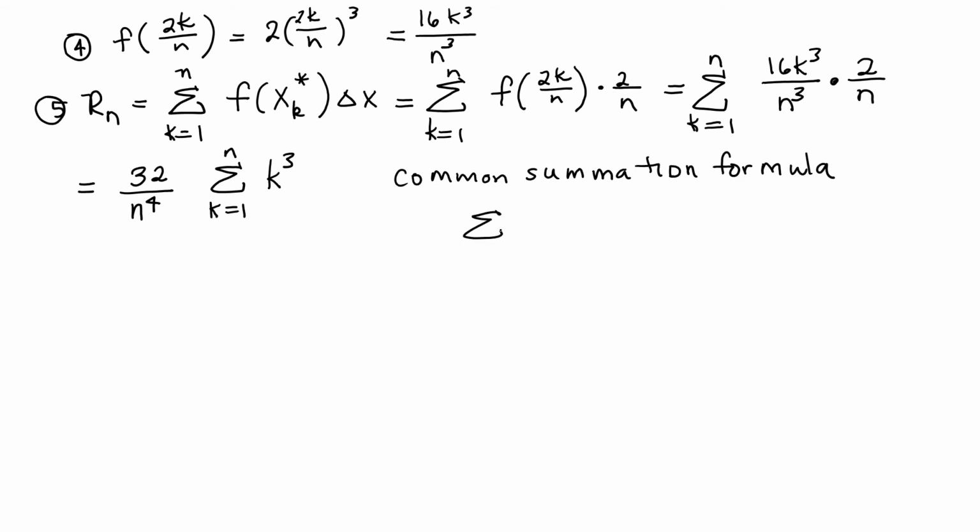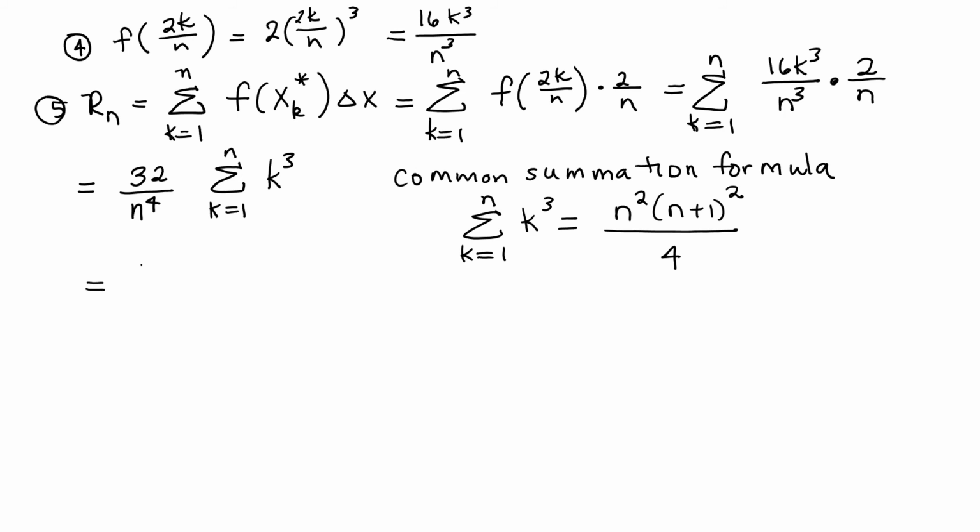The summation as k equals 1 to n of k cubed is n squared times n plus 1 squared divided by 4. Let's replace the summation of k equals 1 to n of k cubed with that replacement.